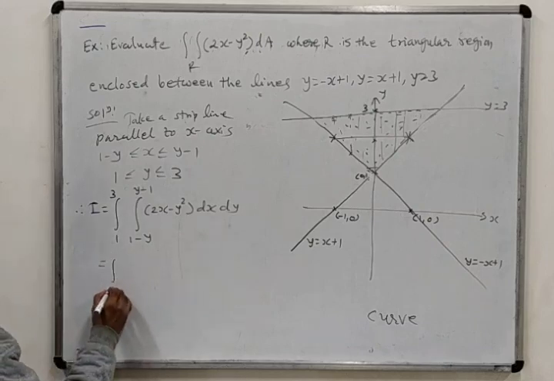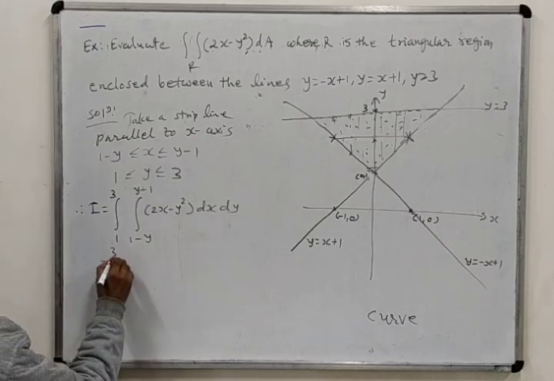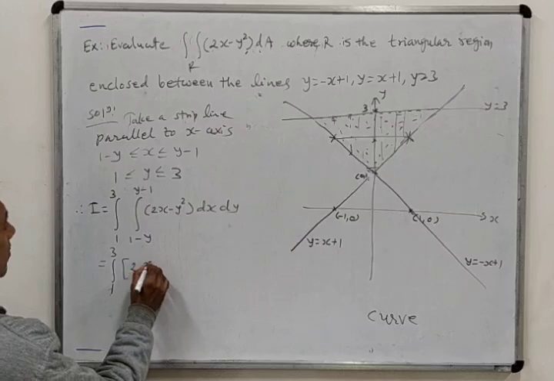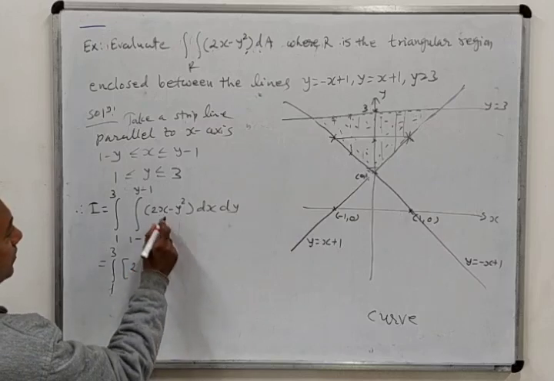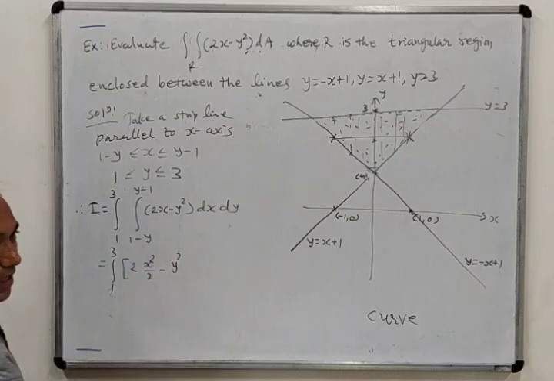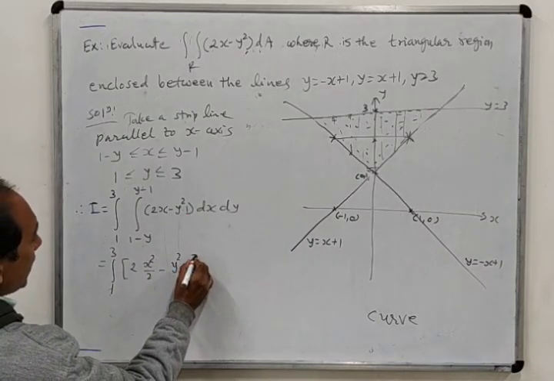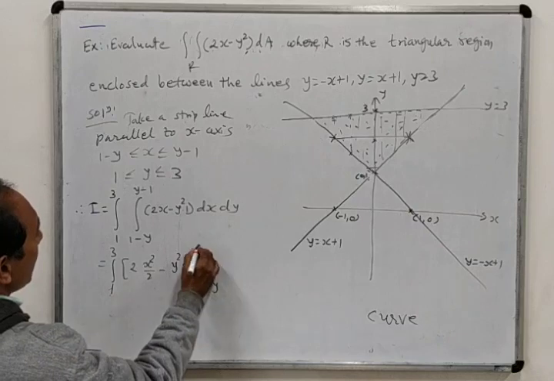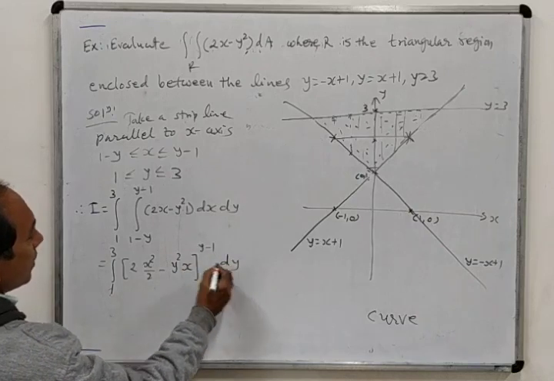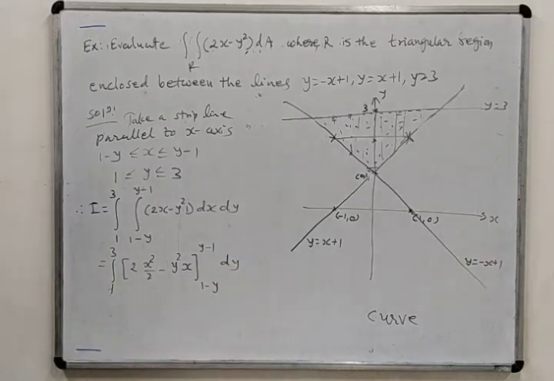So you can find the integration by using this one: 1 to 3, 2 x square by 2 is the integration, y square is constant, so y square into 1, its integration is x, from 1 minus y to y minus 1, dy, because now the role of dx is completed.